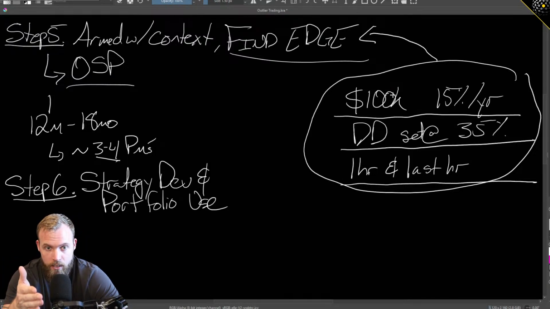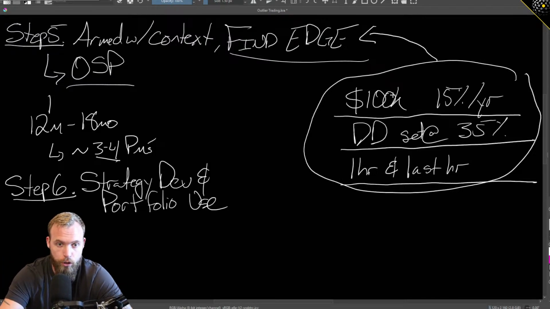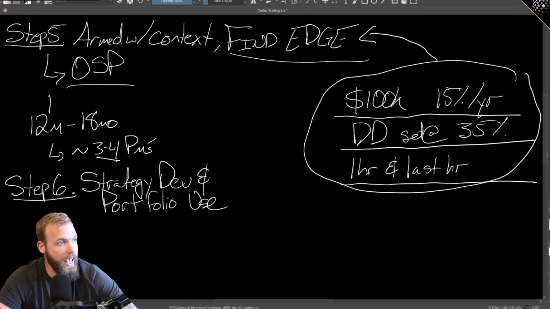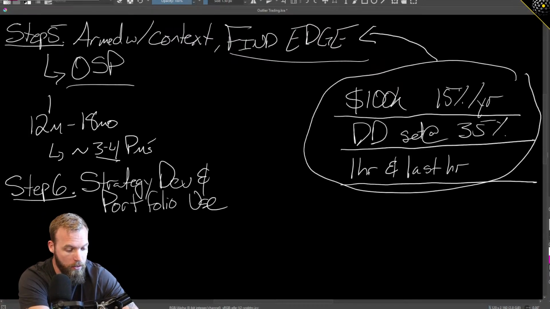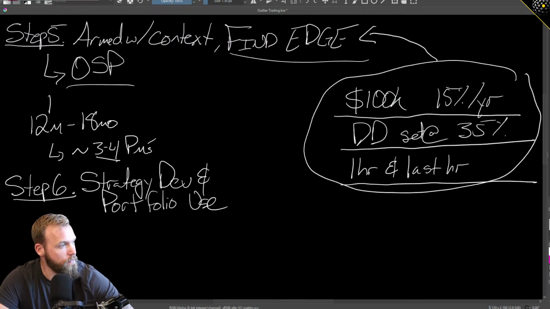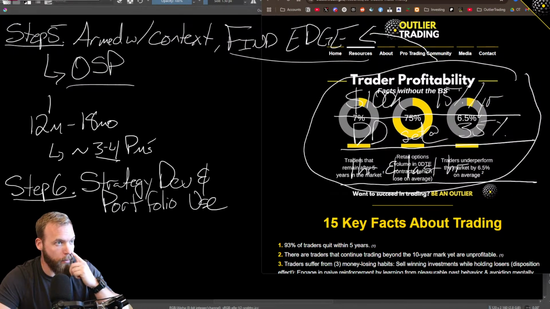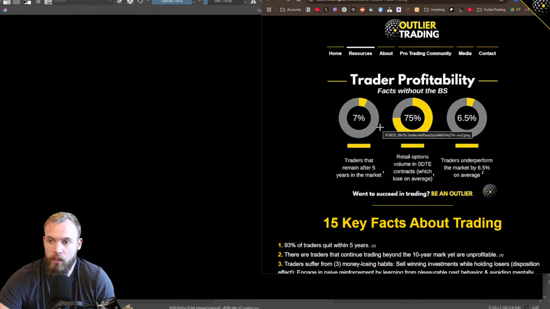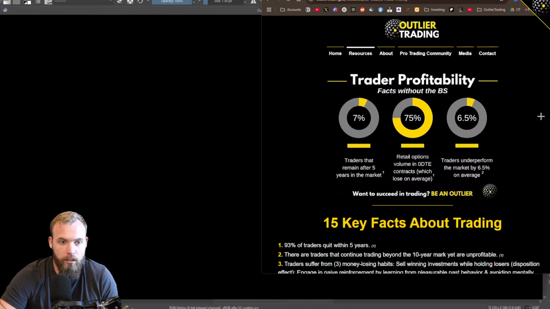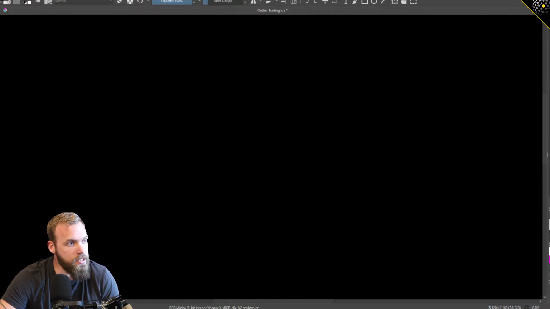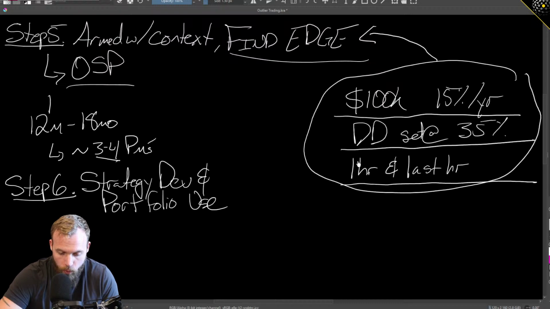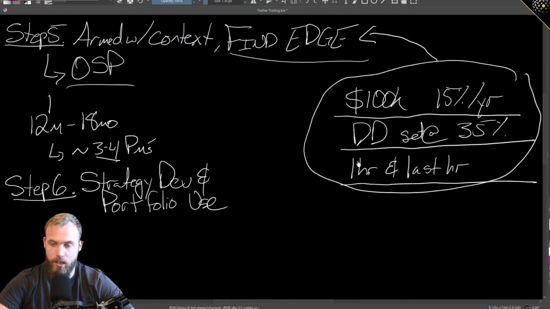The probability of an actual new options trader finding an edge literally at all, in case you need a reminder, is low. It's very low. If we take a look at what is the probability of a regular options trader finding an edge, it's exceedingly low.